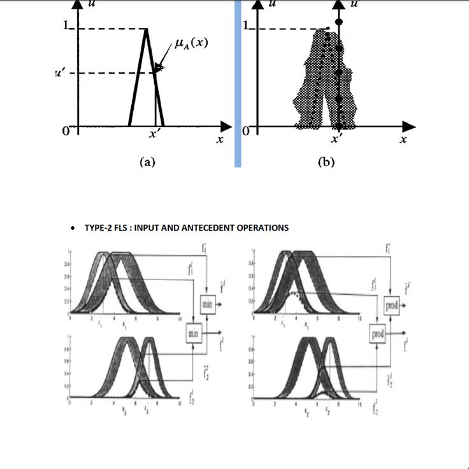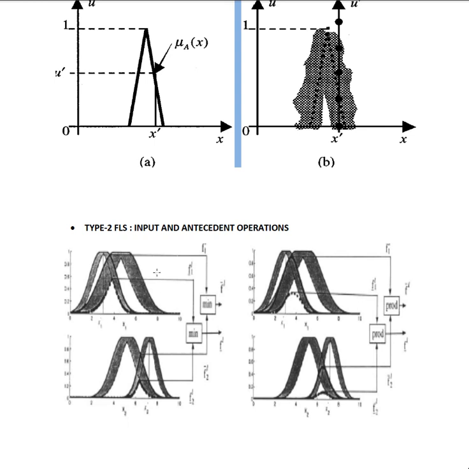But in the type 1 fuzzy set, since it is a single point, you need not take the minimum operation under a single set. But if there is more than one set, you can take it into consideration.